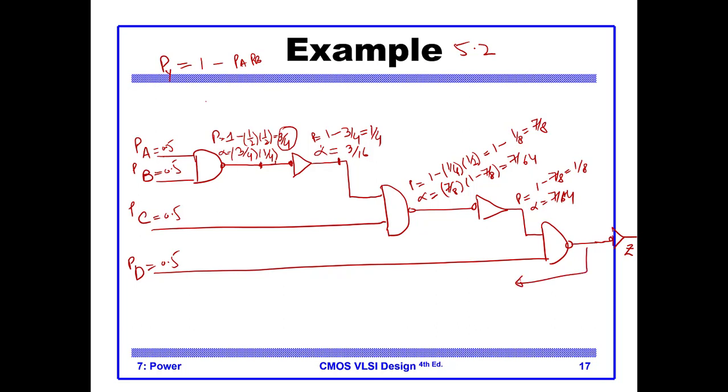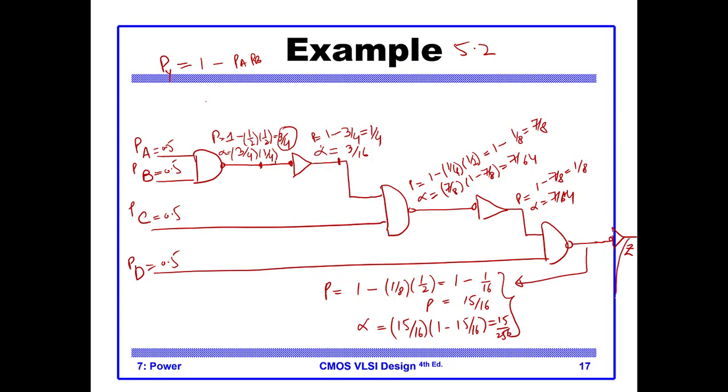For this node we have P, 1 minus 1 by 8 into D, which is 1 by 2. So this is 1 minus 1 by 16, which is basically equal to 15 by 16, our probability, and alpha is 15 by 16 into 1 minus 15 by 16, which is equal to 15 by 256.